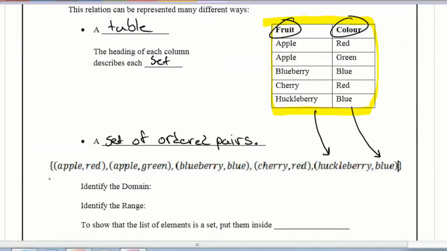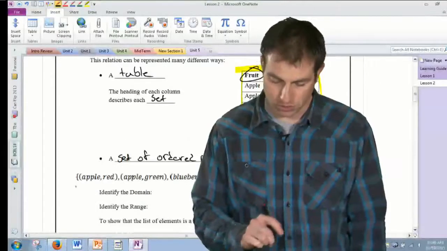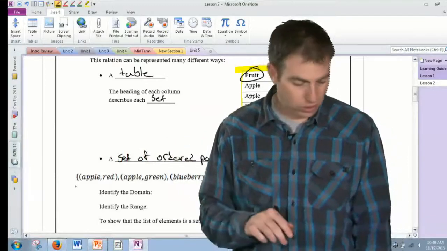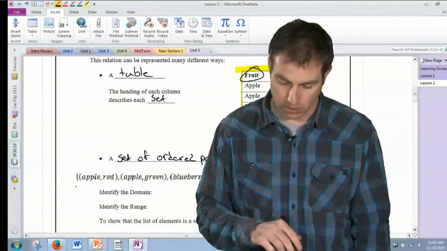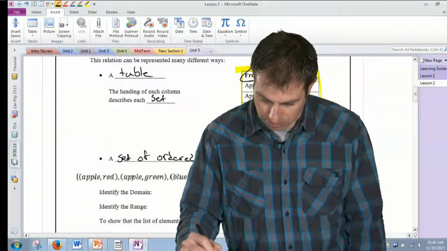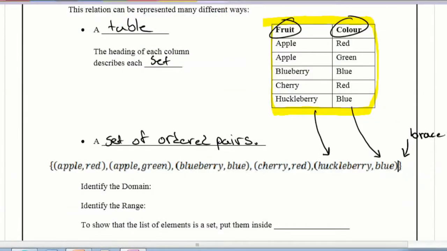So the kind of mathematical way we indicate a set is we use these squiggly brackets, and we'll just call them braces for now. So these are braces, and the braces show a set.